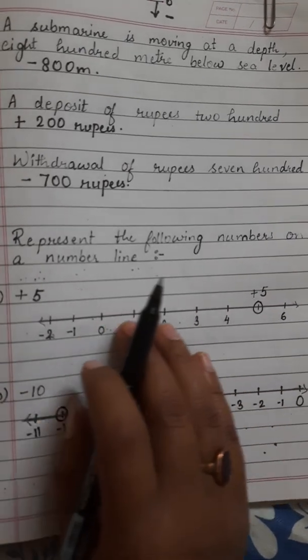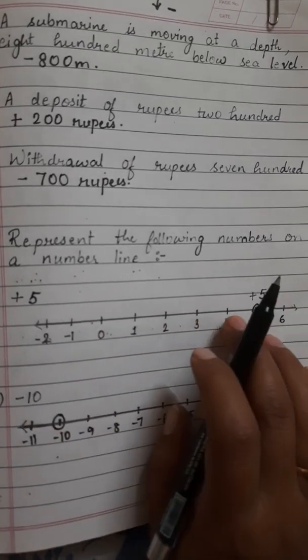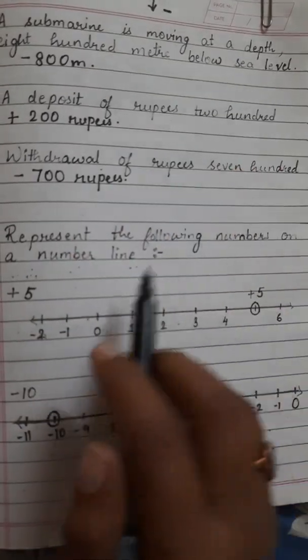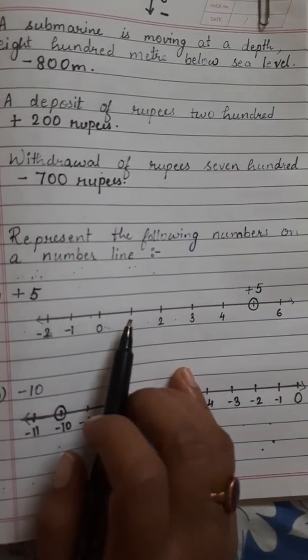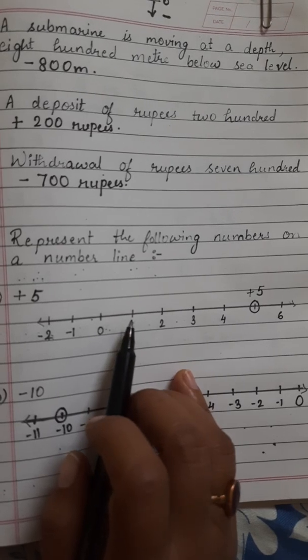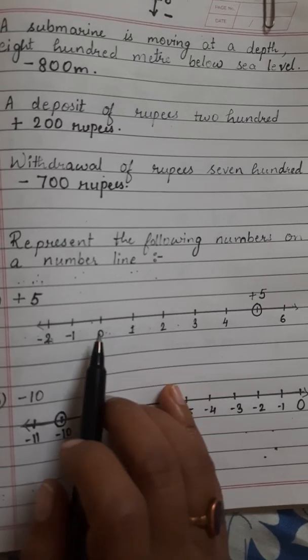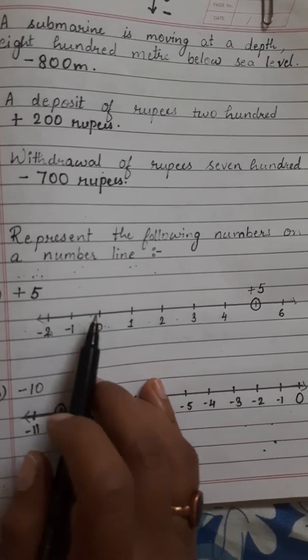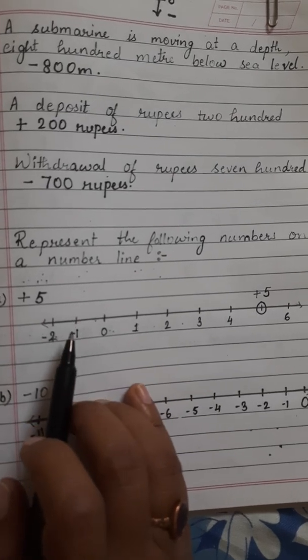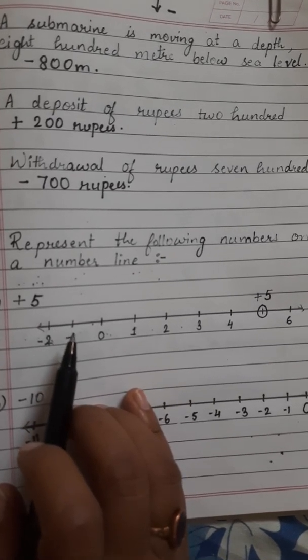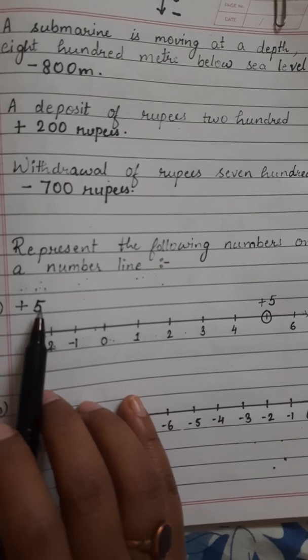If you are moving to the right side, the numbers will always increase. Like from 0 to 1, 1 is greater, that means the number is increasing. From 0 to minus 1, if I am moving to the left side, the number will decrease. So now plus 5.